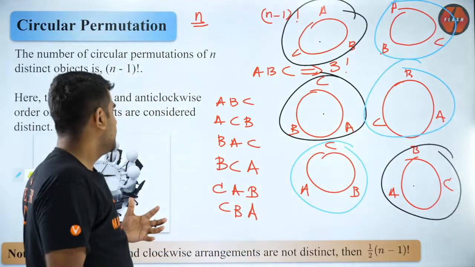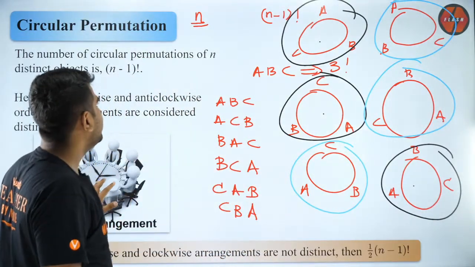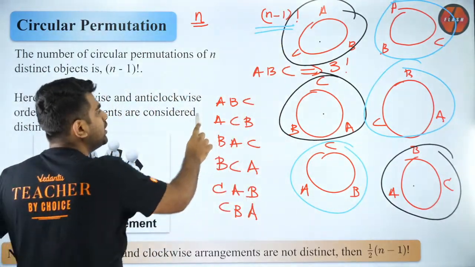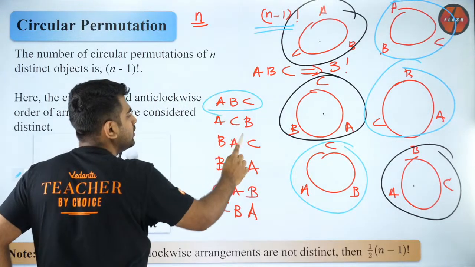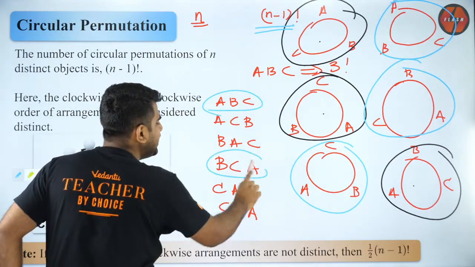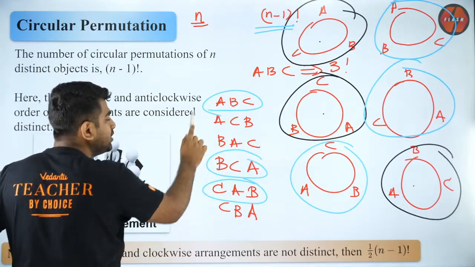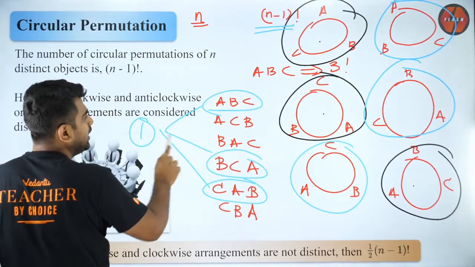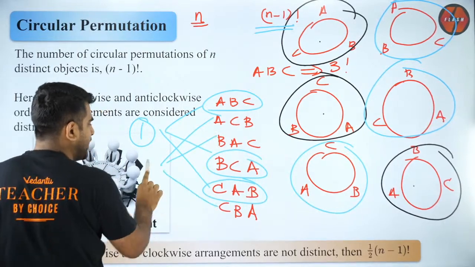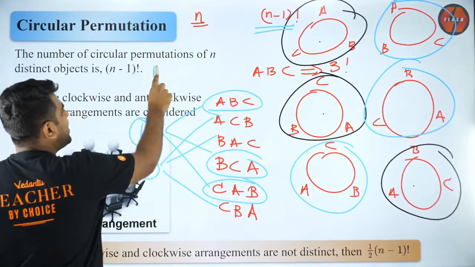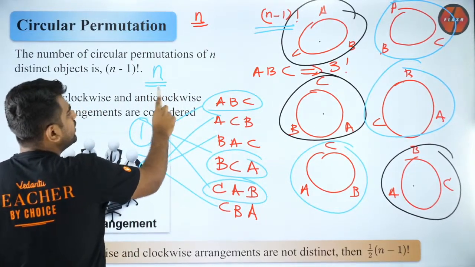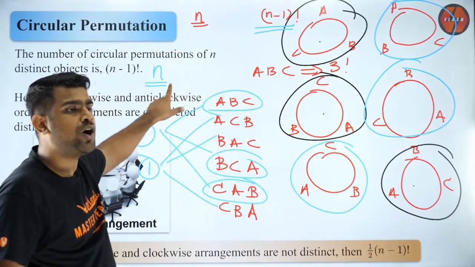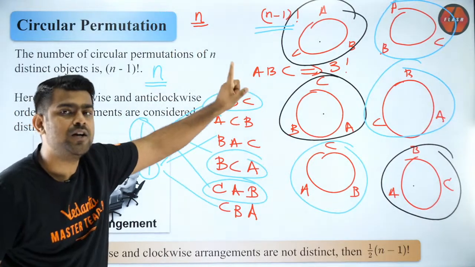Okay? So the direct formula is n minus 1 factorial. That is because 3 linear permutations give you only 1 circular permutation. And similarly these 3 give you only 1. So when you have n objects, n of them will give you only 1 circular permutation.